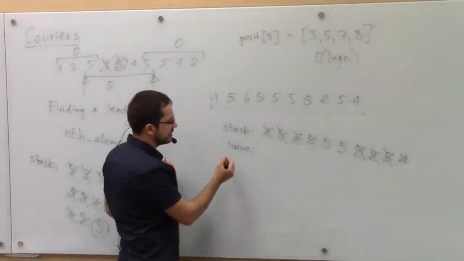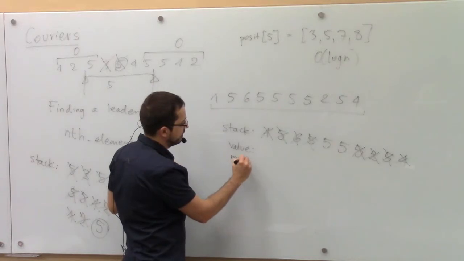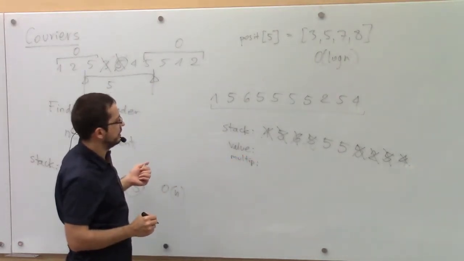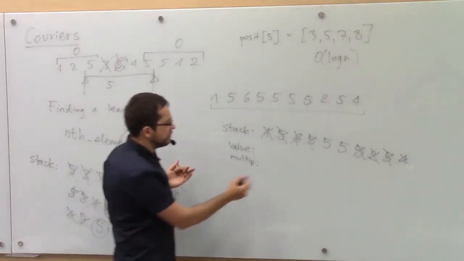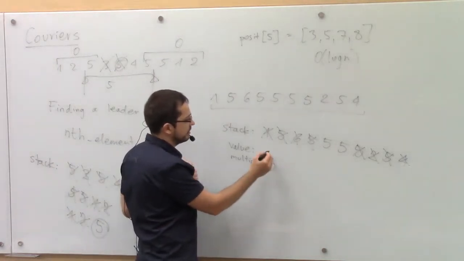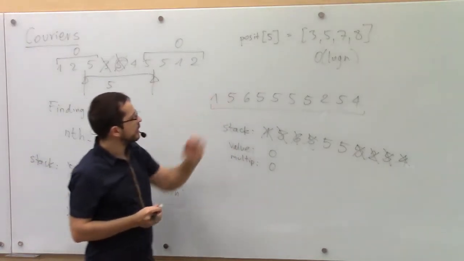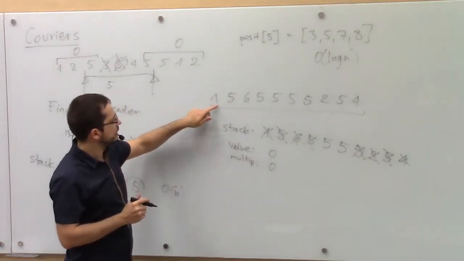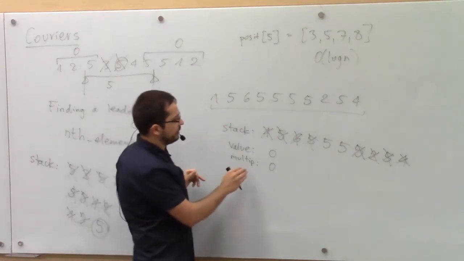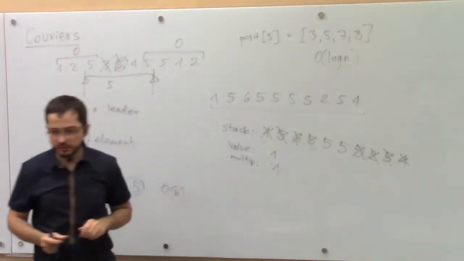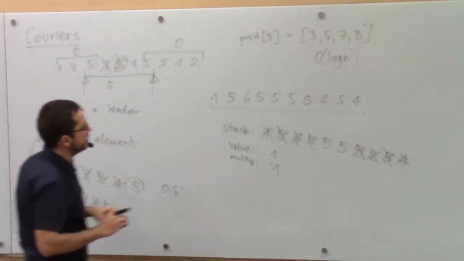So let's say this is kind of a multiplier. So how many of these values are here? And at the start, the multiplier is 0, and the value doesn't matter. And we go one by one. So we look at 1, and then we put it here. So the value will be 1, and we have one element of 1 here.